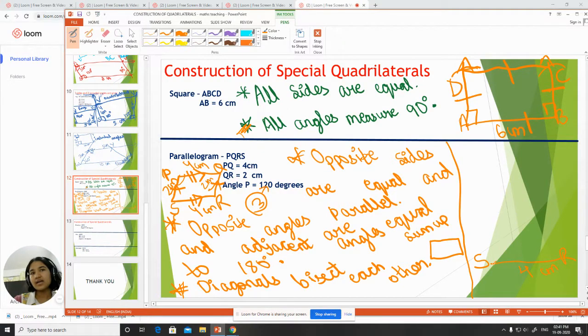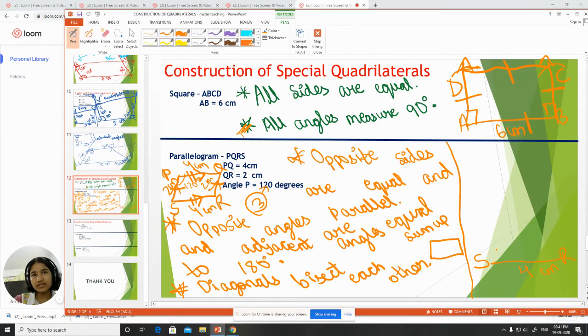Then your angle S. What is the measure of angle S? If this is 120 degrees, then angle S will be 180 minus 120 because adjacent angles are supplementary. It will be 60 degrees.